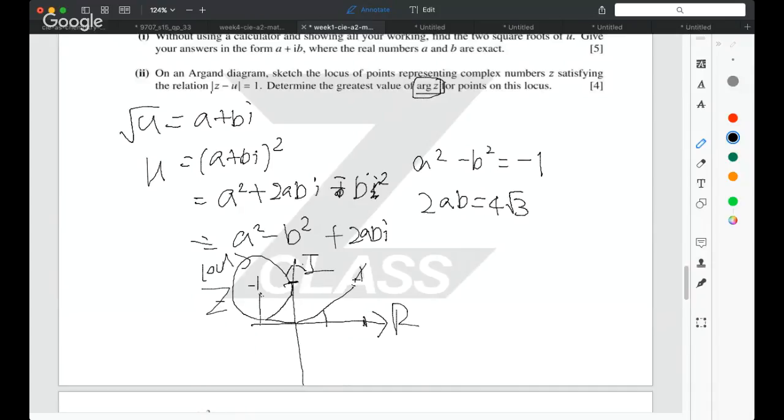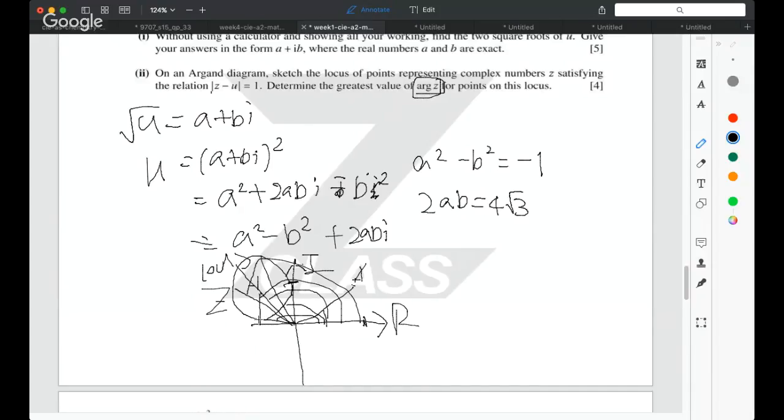You have a lot of z, and this is the angle between z and the axis. Which one gives you the greatest angle? This one, right? Because you cannot go any further than this.